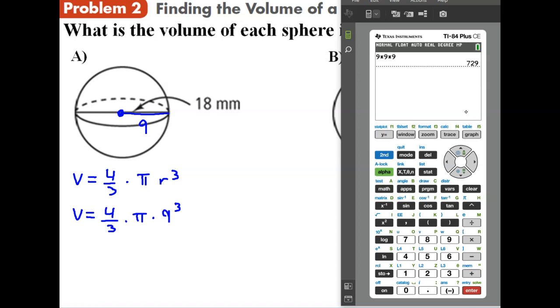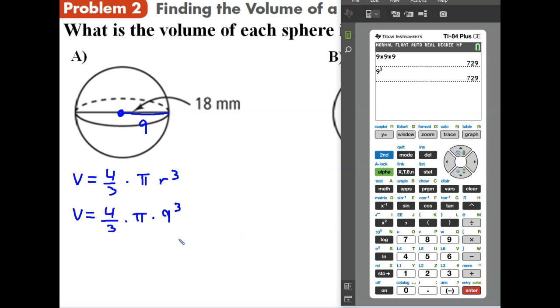So it looks like it's 729. Now the quicker way we can enter that in the calculator is go 9 and then find this caret key, which gives me my exponent. If you have a more basic calculator that just has the caret key, that's fine. This one actually gives me exponent. But I'll go 3. So 9 to the third power is the same thing as 9 times 9 times 9, which gave me the same 729.